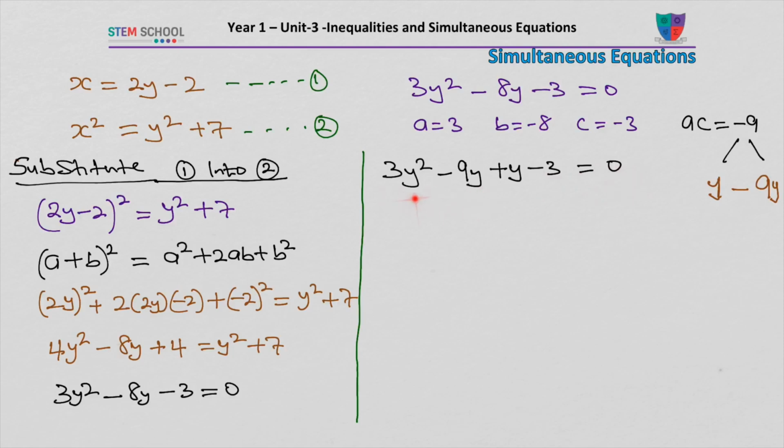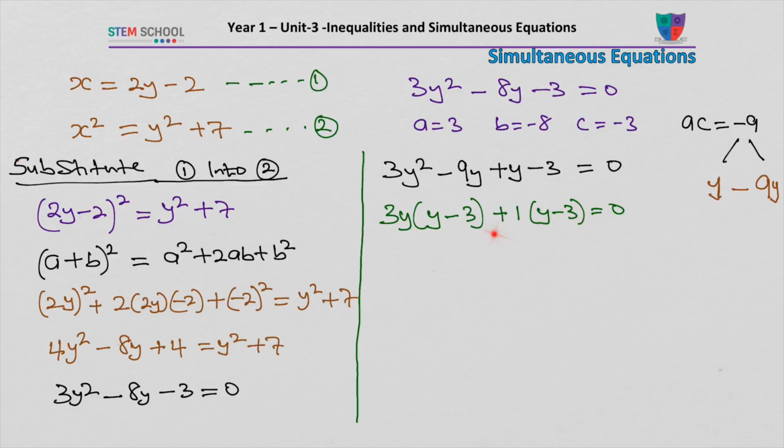There's a common factor here, it's 3y, and the common factor here is 1. So I've taken 3y from here and I get y minus 3, because 3y times y is 3y squared, 3y times minus 3 is minus 9y. 1 is common here because this is y times 1 and minus 3 times 1, so I've got y minus 3.